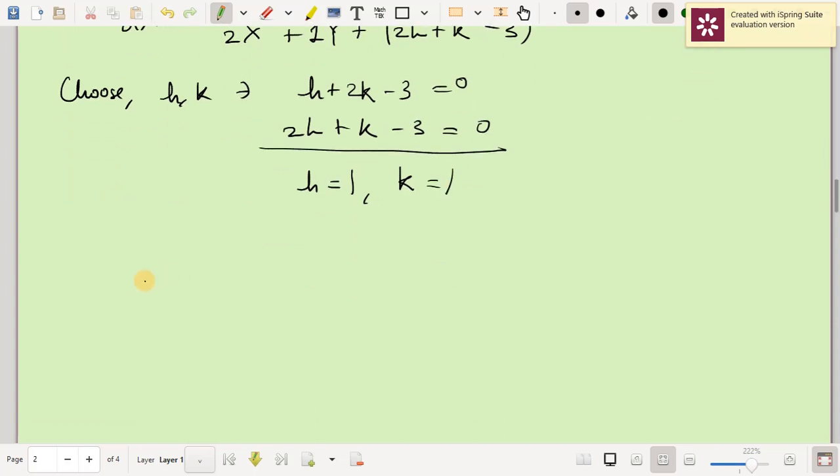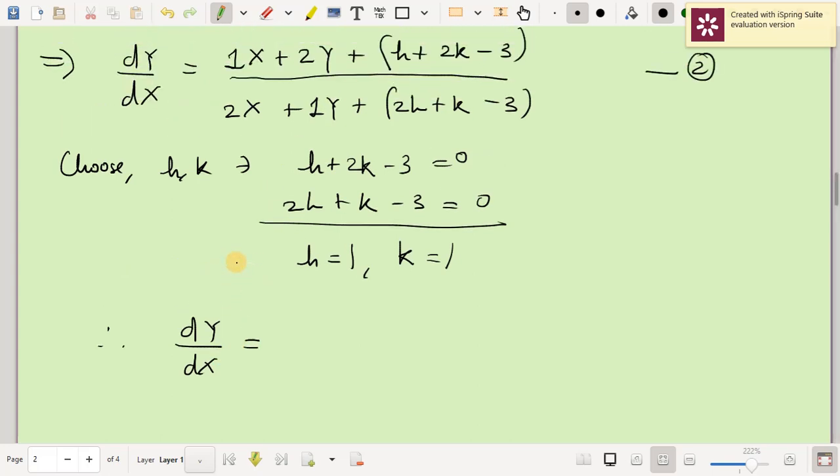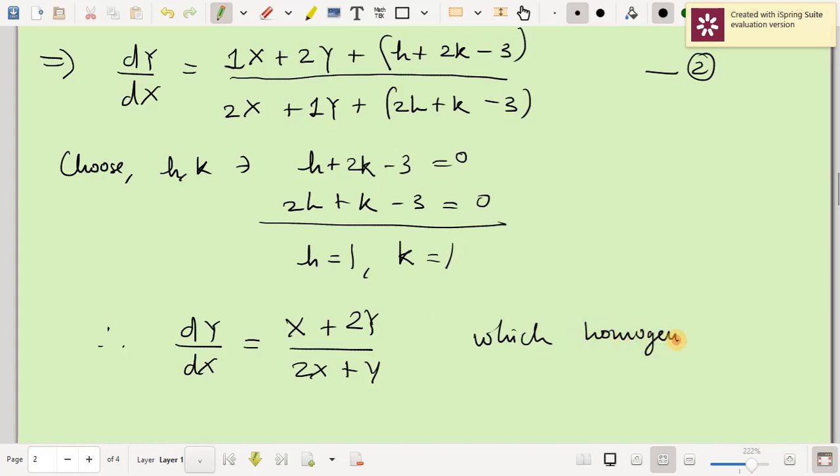So equation 2 reduces to dY by dX equals, whatever is in the brackets gets converted to 0 and the rest remains the same, X plus 2Y upon 2X plus Y, which is homogeneous, and we know the method to solve a homogeneous differential equation.